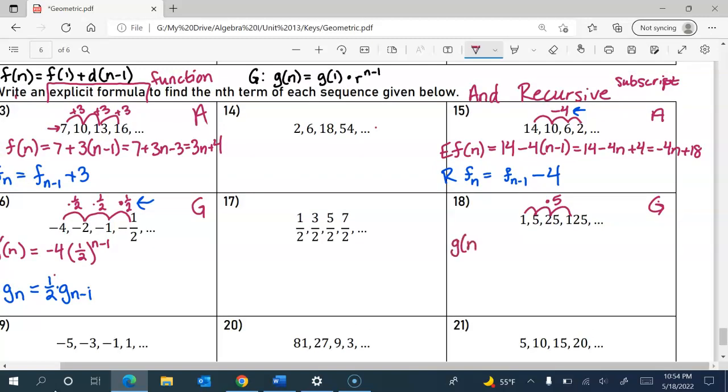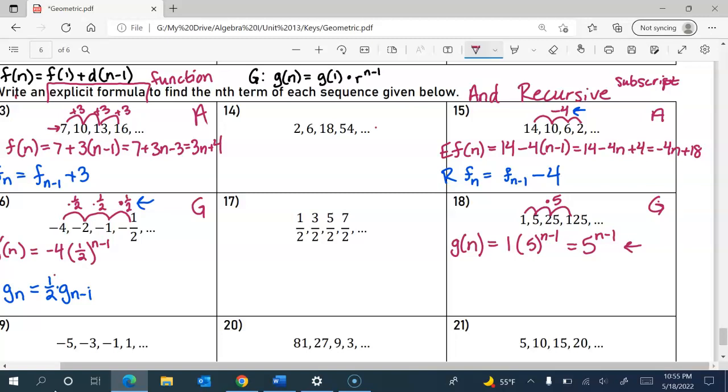G of n equals my first term, which is 1, times my common ratio, since it's geometric, was 5 to the n minus 1. Anytime you have a 1 out front, you can still make this look nicer. If you just write 5 to the n minus 1, it's implied that there's a 1 living out front. So this would be just perfect if you wrote it this way.